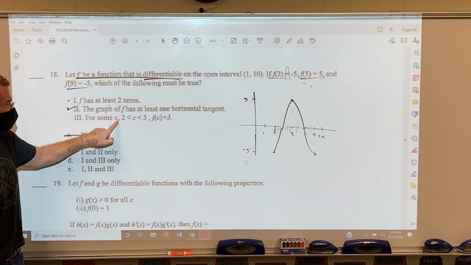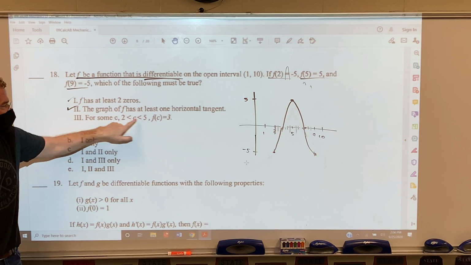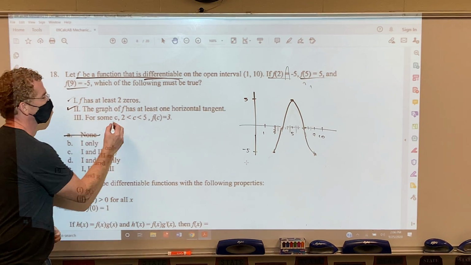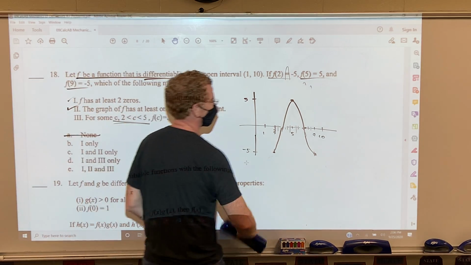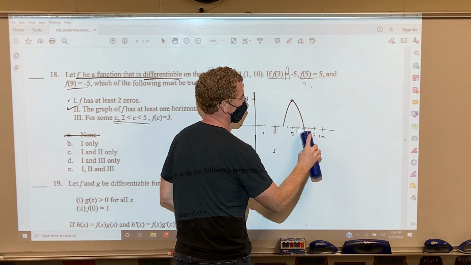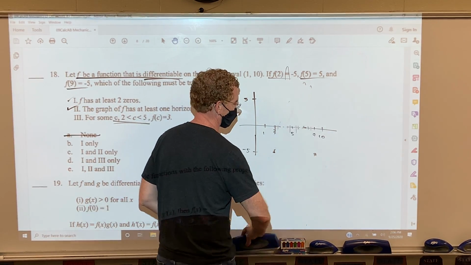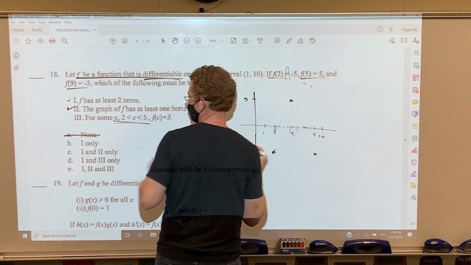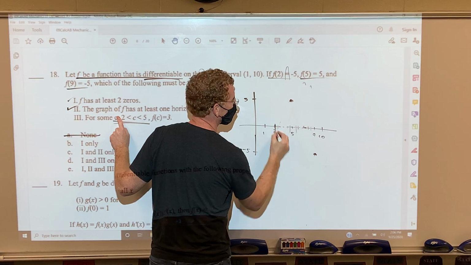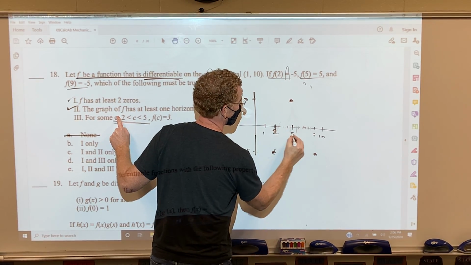Now, what does this say? For some value of c in between 2 and 5. Now, do you know what they mean when they're saying, what are they talking about? For some what? X value. Yes. So for some x value of c, between 2 and 5. So there's your 2, and there's your 5.